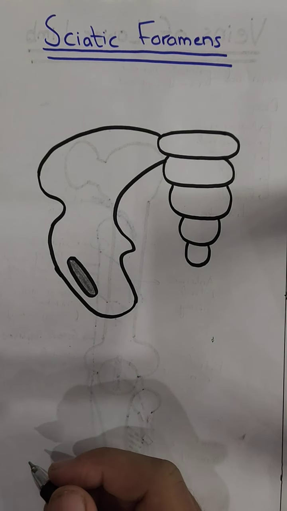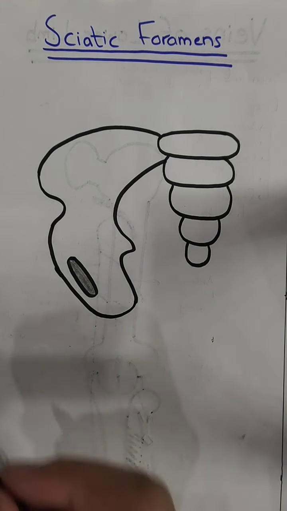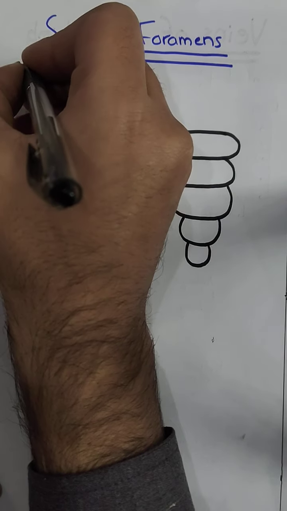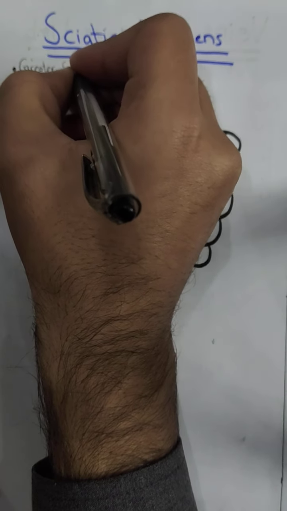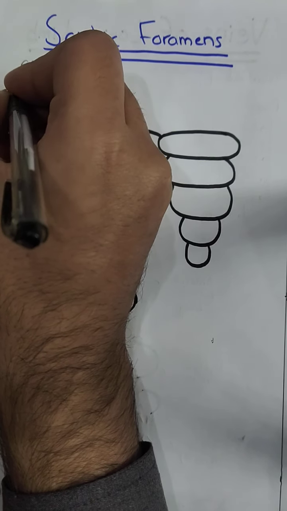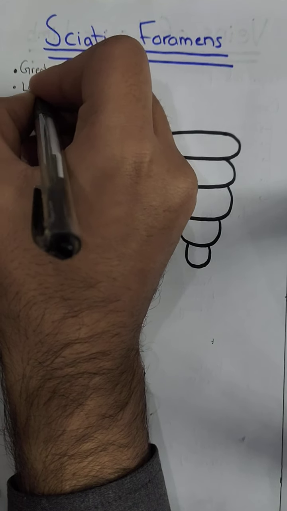So first of all, we must know that there are two foramens: the greater sciatic foramen and the lesser sciatic foramen.